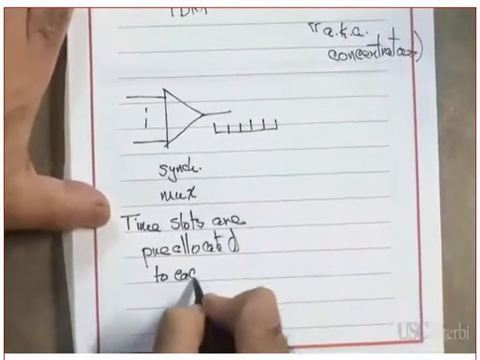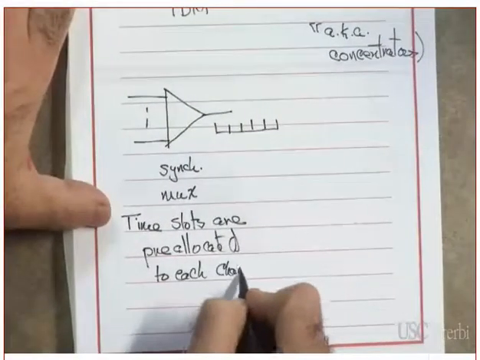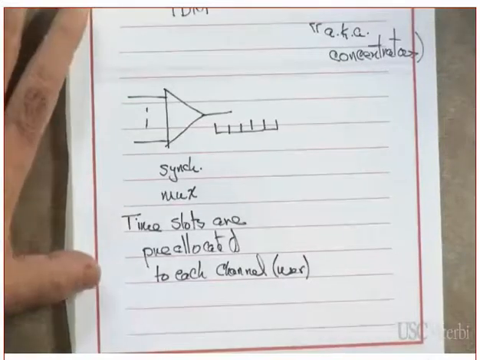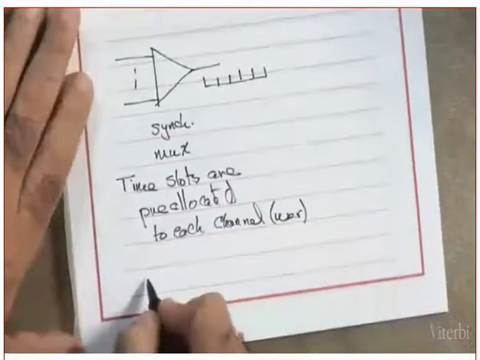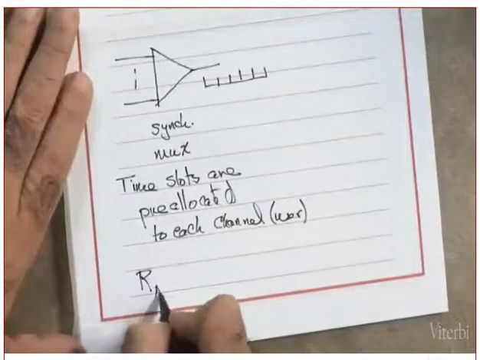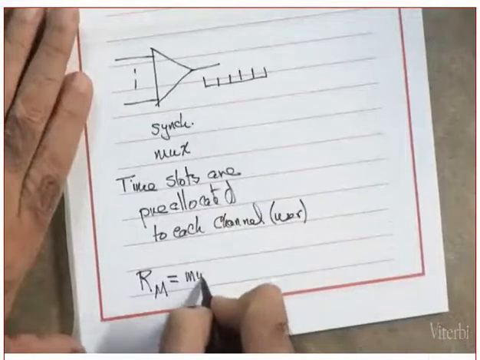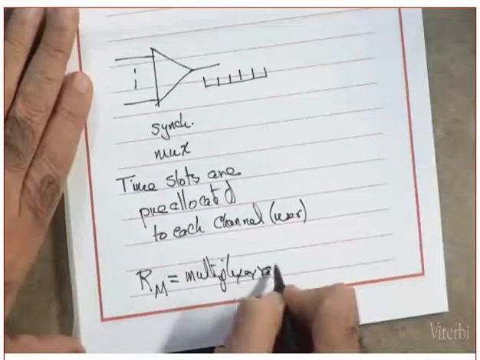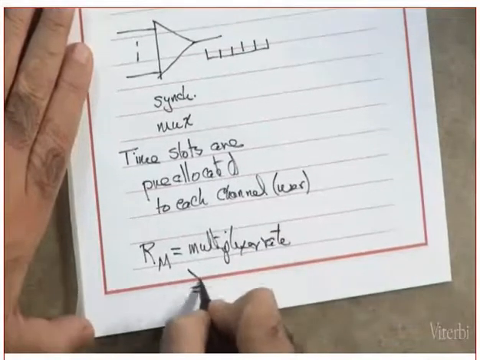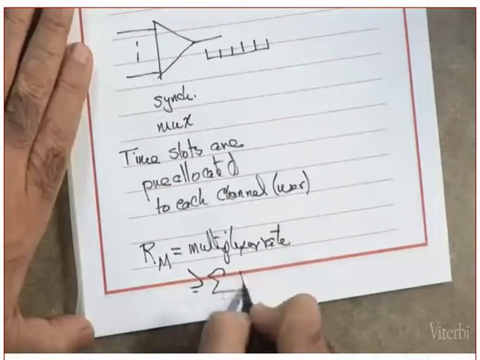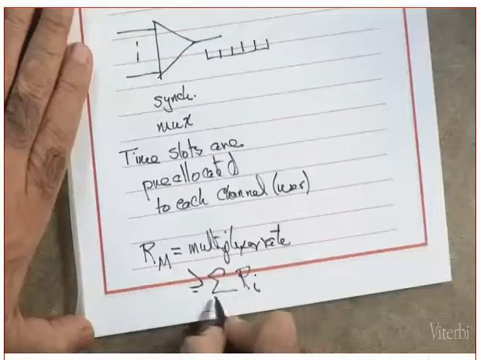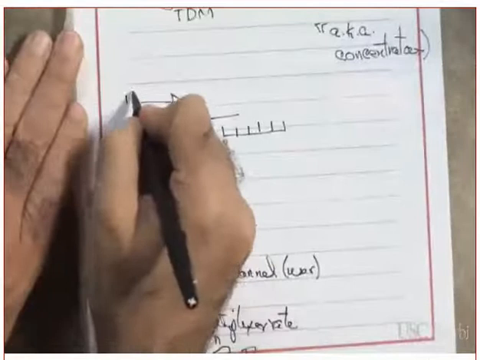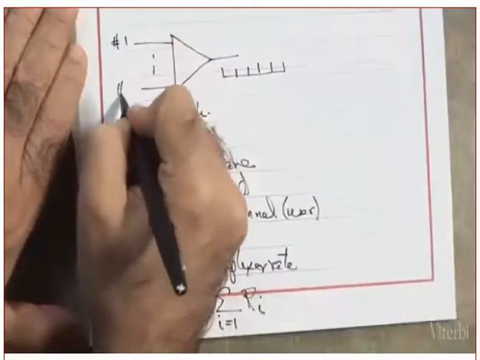To each channel or user, regardless of the activity of each user. And we saw that the multiplexer rate is greater than or equal to the summation of R sub i, i goes from 1 to N. N users here, number 1 all the way to number N.